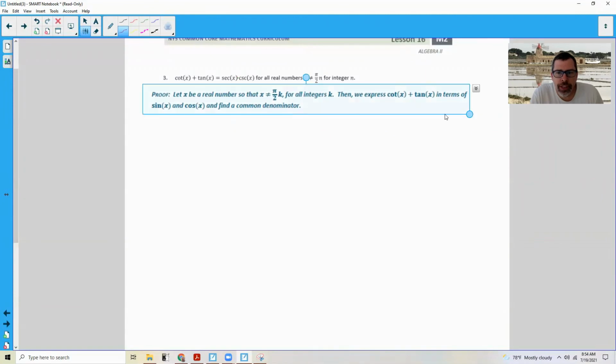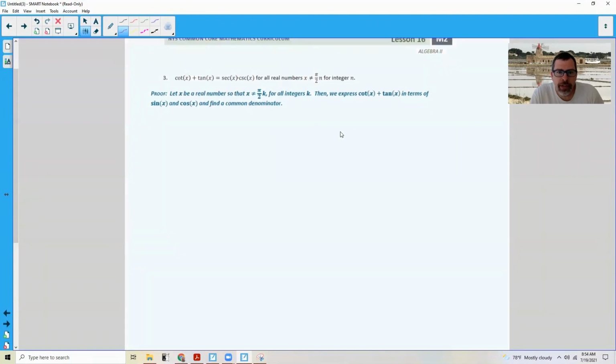So the first thing you're going to do is say, let x be any real number so that x does not equal multiples of pi over 2 times k for all integers k. Then we would express cotangent of x plus tangent of x in terms of sine x and cosine x and find a common denominator. So we're going to start with cotangent x plus tan x on the left. So I'd write cotangent x plus tangent of x equals, and we're trying to get to this.